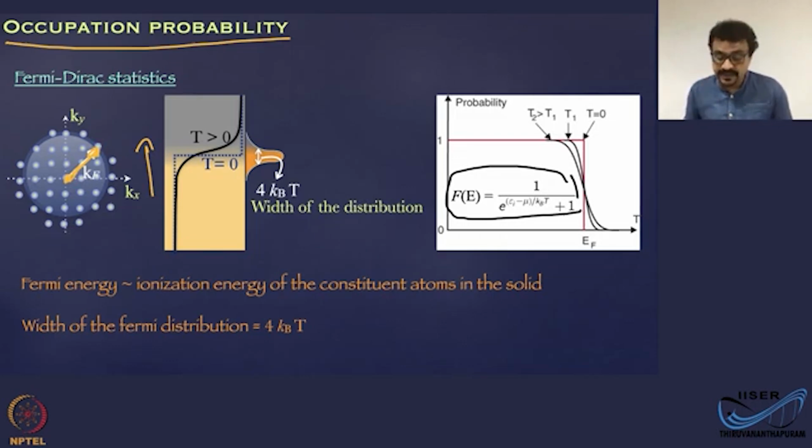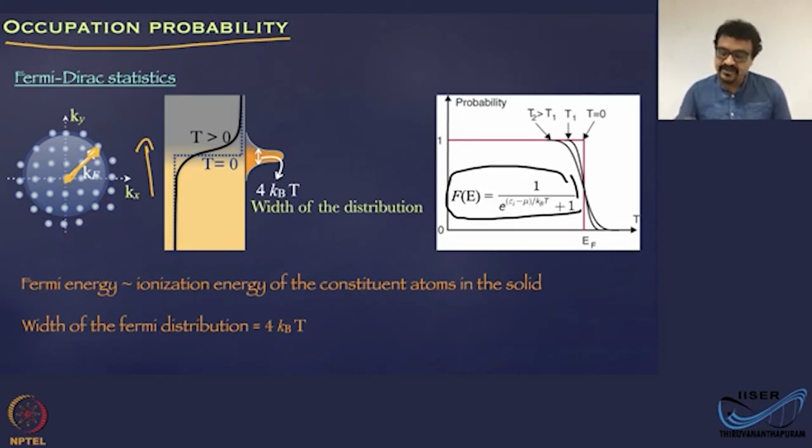And at zero temperature, at absolute zero, the states until the surface of the Fermi sphere will be filled with probability 1. This blue trace represents that. And every state above the Fermi energy EF will be unoccupied, available for transport.